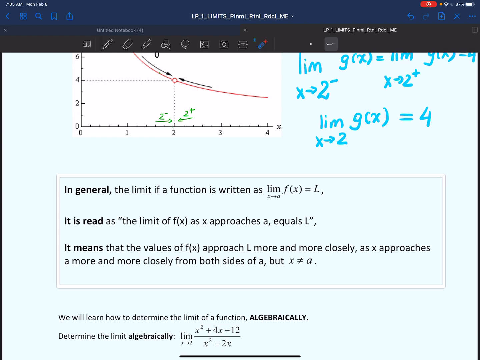Okay, it's not a pure evaluation process. And it means that the values of f(x) will approach L more and more closely. They don't necessarily have to be equal to L as x approaches a more and more closely from both sides of a, where x is different than a.